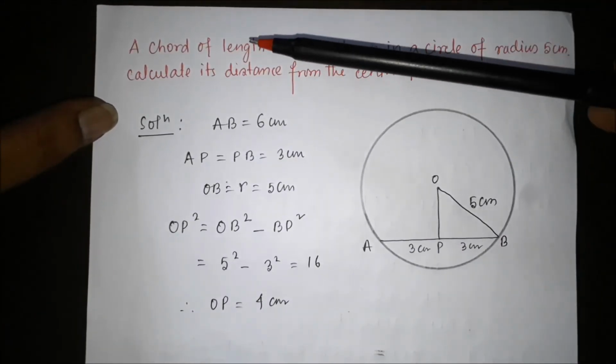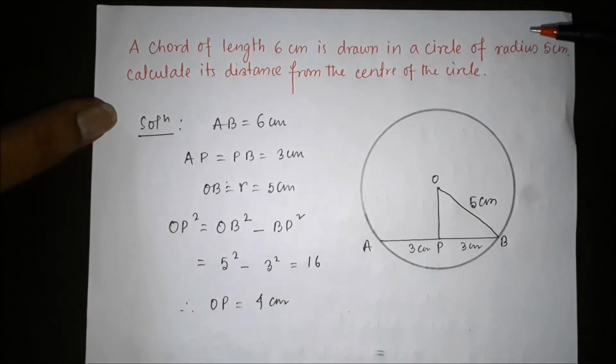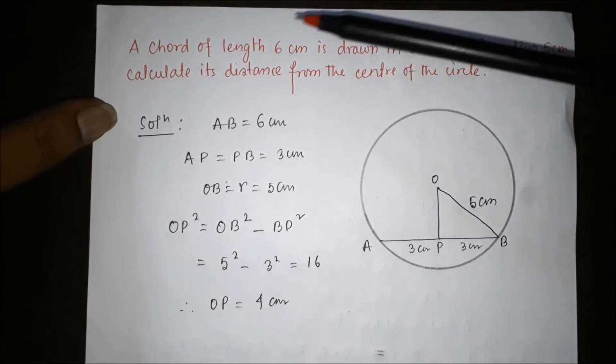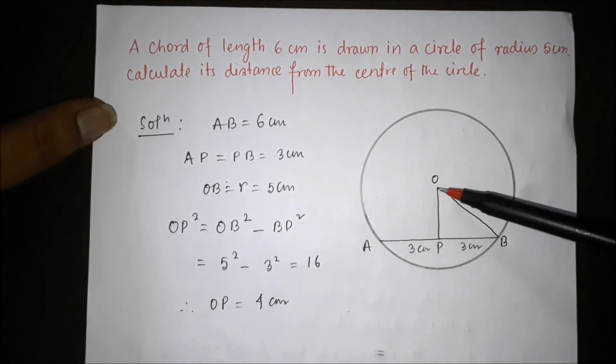Moving into the next problem: a chord of length 6 cm is drawn in a circle of radius 5 cm. Calculate its distance from the center of the circle. Now here chord AB is given as 6 cm. So AP equals PB equals 3 cm each, using the last theorem. Radius is given as 5 cm. So we need to find OP.